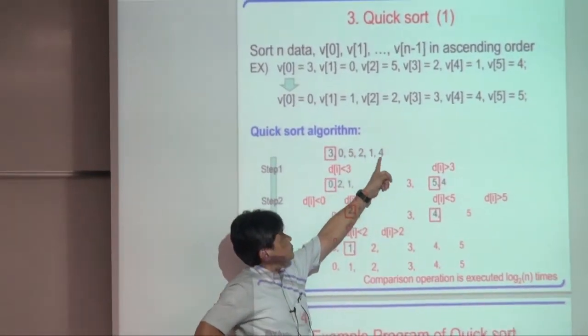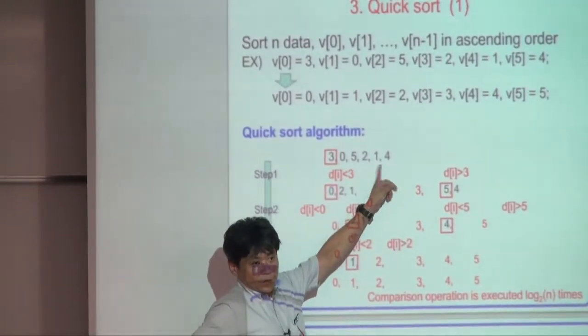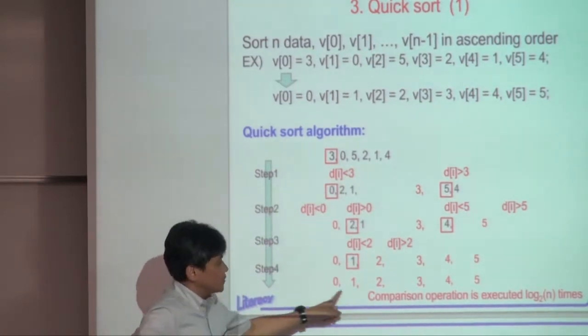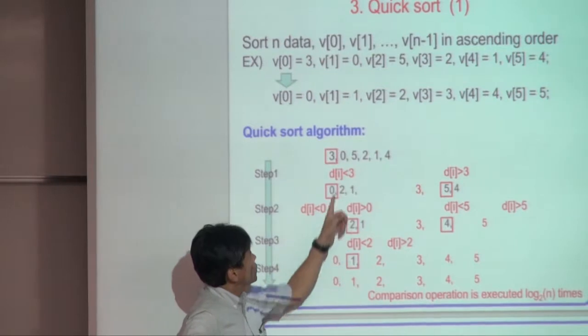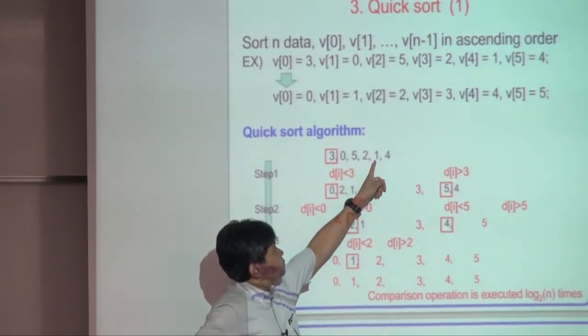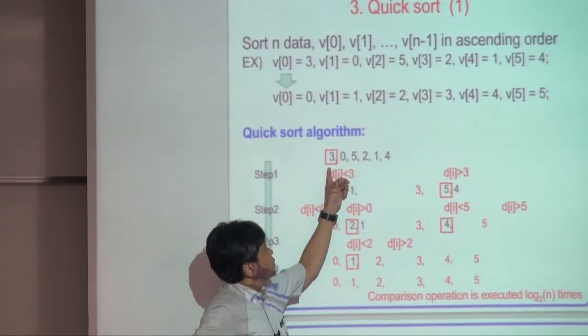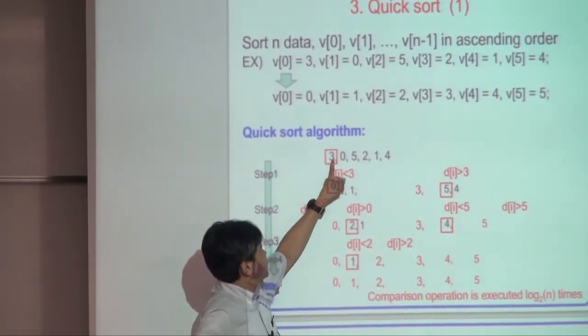This is the initial data, not sorted, so you have to sort it like this. First you take the first element, in this case 3.